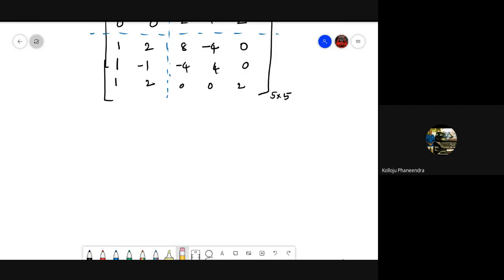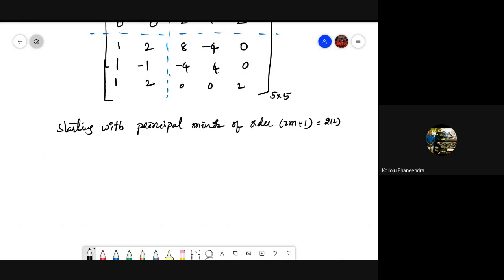Starting with the principal minor of order 2m plus 1. M stands for constraints, 2, so 2 into 2 plus 1. So I have to start with what order determinant? Fifth order, a 5 by 5 determinant.